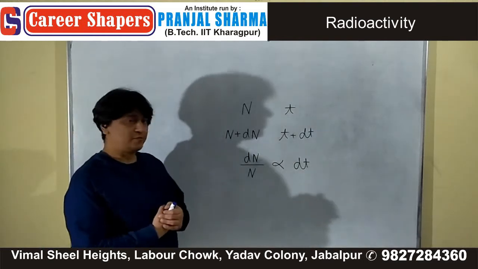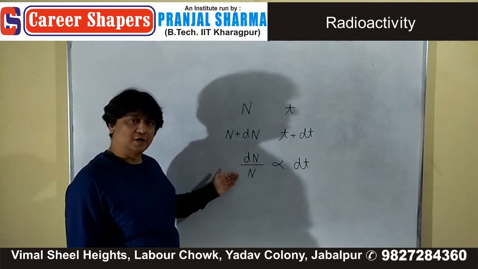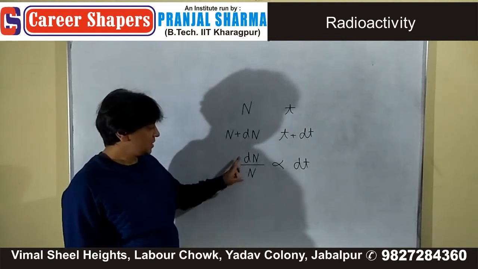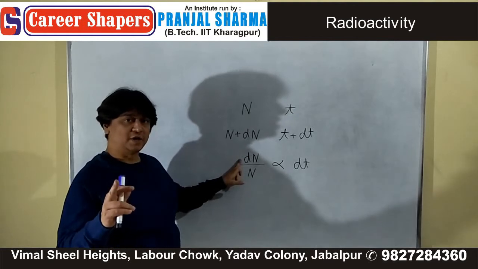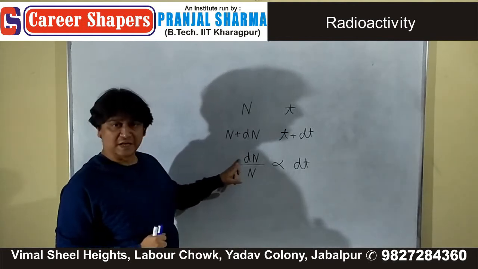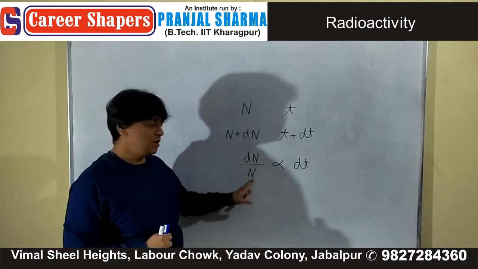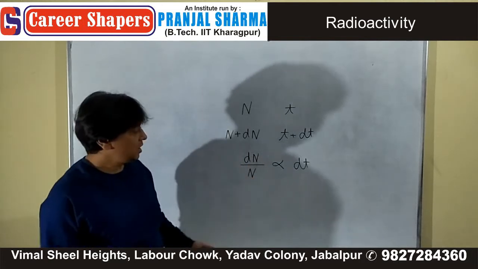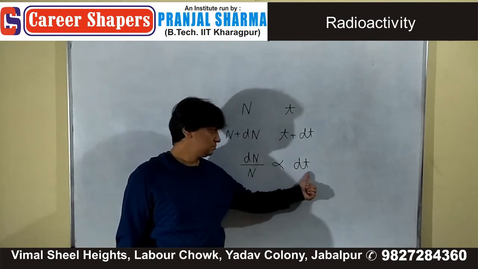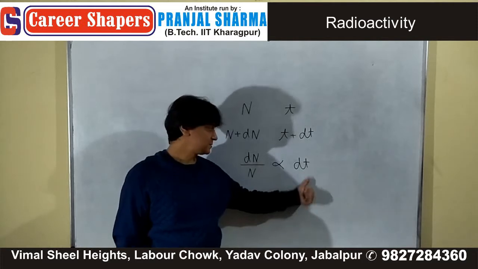Those who are from maths know that dN upon N is called the probability of disintegration. dN, the number of active nuclides which are now not active, the disintegrated nuclides, divided by active nuclides present, that's your probability of disintegration, and this probability is proportional to the time in which this disintegration took place.